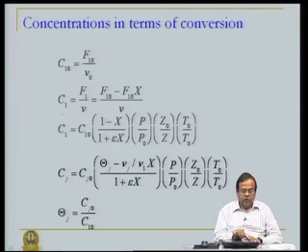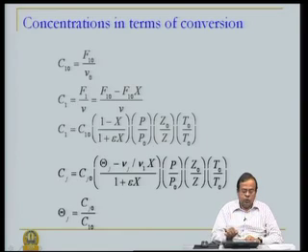Same thing at the exit, F1 by V, where we know this F1 is related in terms of conversion, and the volumetric flow rate V. Now, for V we use the previous equation where we had this variation along the length of the reactor.